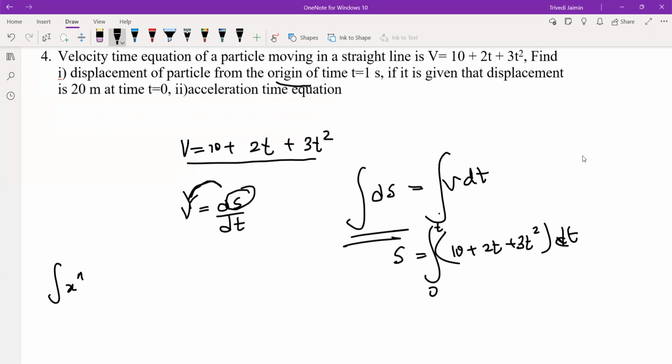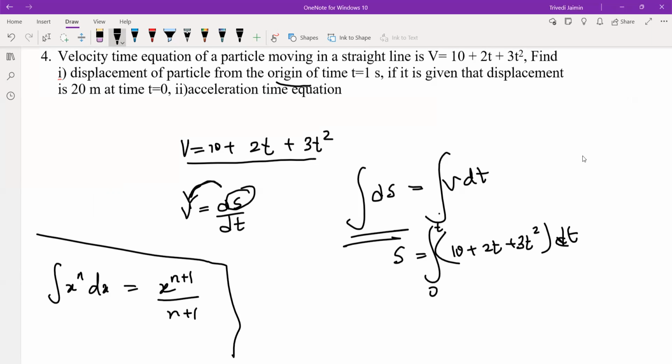If x to the power 0 is 1, x to the power 1 is x, x to the power 2 is x square, and x to the power 3 is x cube. The integral of x power n is x power n plus 1 by n plus 1. So you have learned this formula, right? Very good.